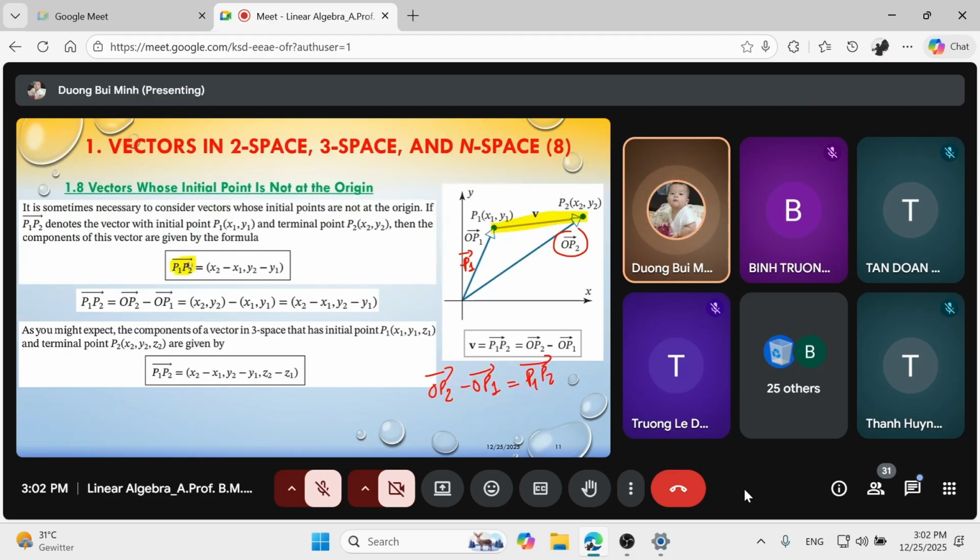We know B1B2 is (x2 minus x1, y2 minus y1). So we have OP2 minus OP1: x2 minus 0 is x2, y2 minus 0 is y2, and OP1 is here. So the vector minus the vector means (x2 minus x1, y2 minus y1). So B1B2 is OP2 minus OP1. Just a very simple review.